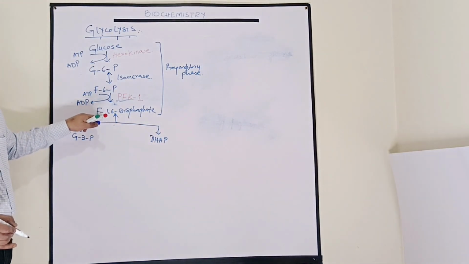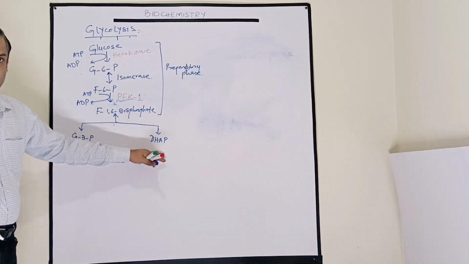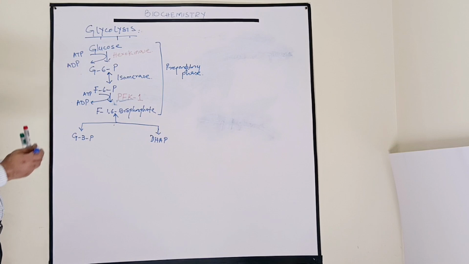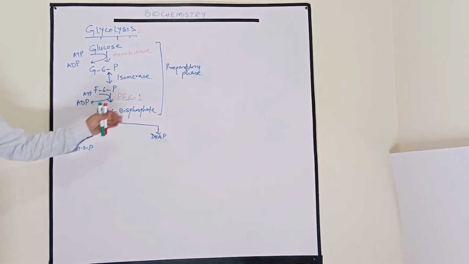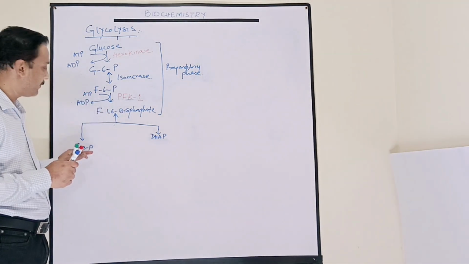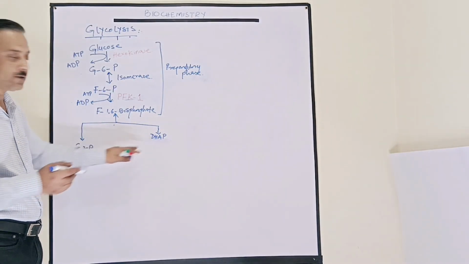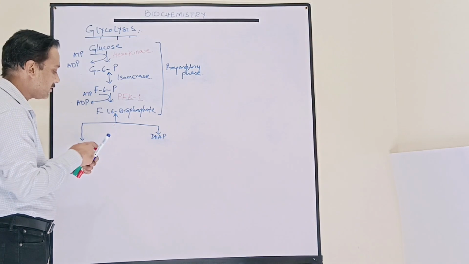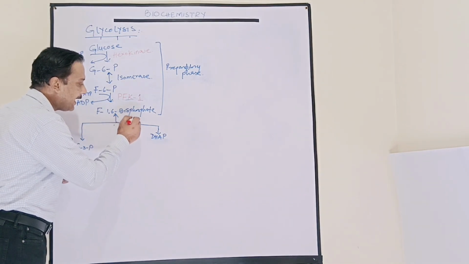So the six carbon molecule is broken down into two molecules composed of three carbons. The enzyme responsible is aldolase.